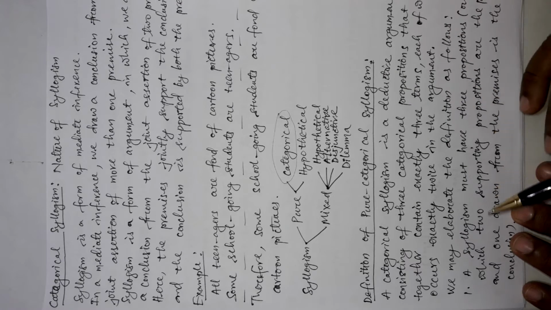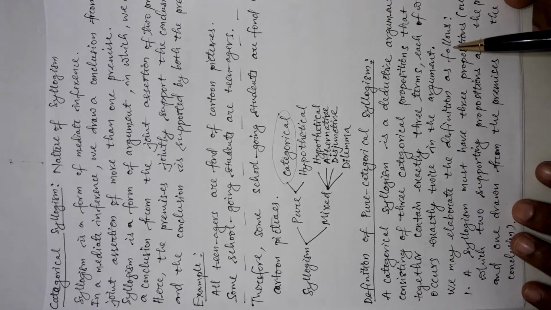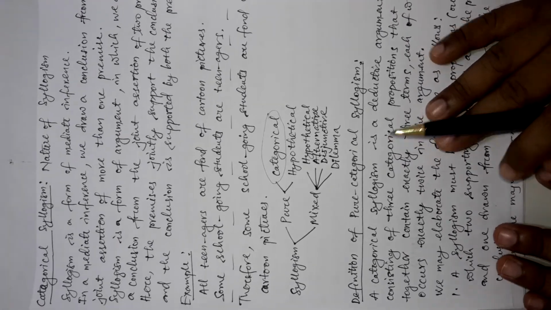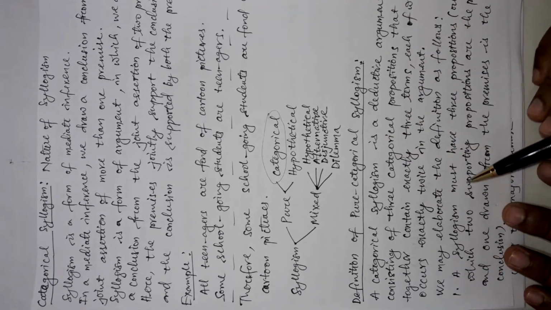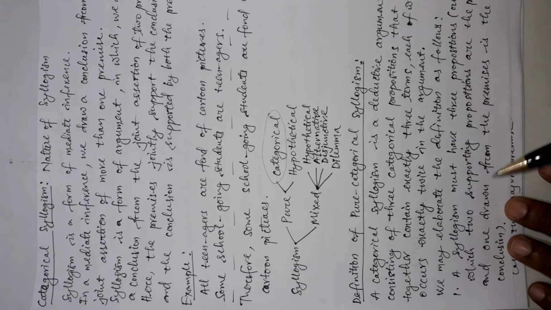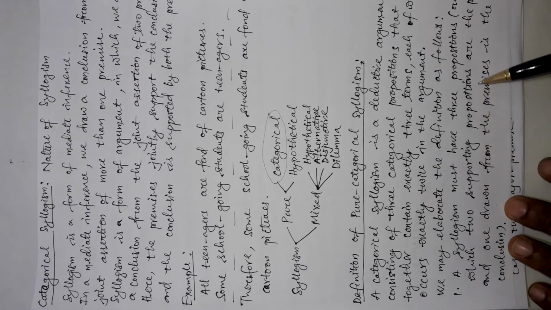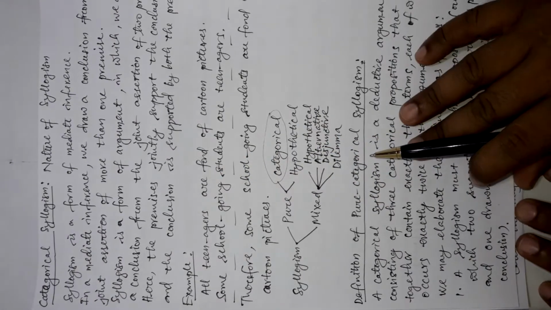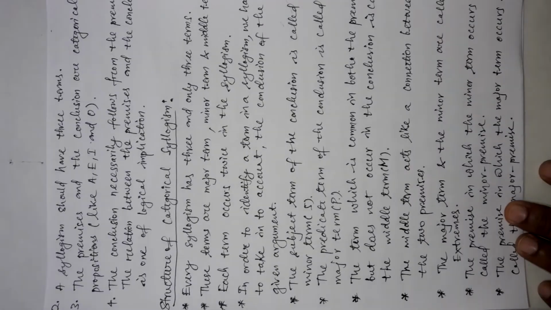Okay. We may elaborate the definition as follows also. Let us discuss them further in a little more detail. The first point says that a syllogism must have three propositions, out of which the two supporting propositions are premises and the one drawn from the premises is the conclusion. I told you this in the example already. Okay, friends.